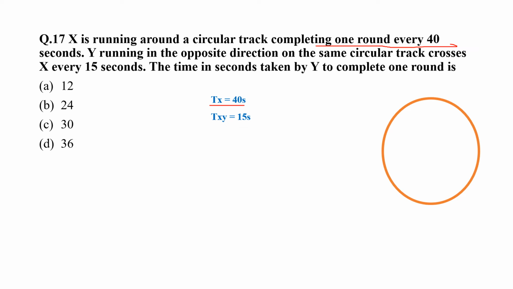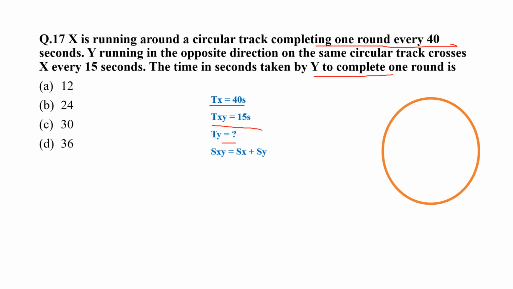And Y is running in the opposite direction on the same circular track and crosses X every 15 seconds. So Txy is equal to 15 seconds. We have to find the time in seconds taken by Y to complete one round, so we have to find Ty.